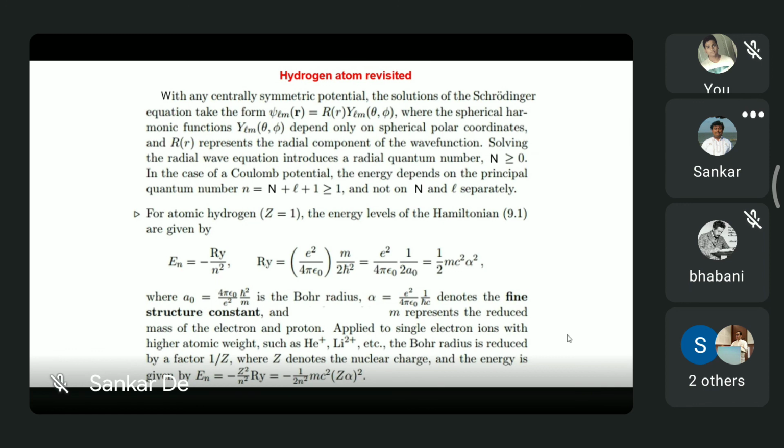So if you get involved in such studies, then you will know the other extreme of atomic physics, or the other extreme of hydrogen-like atoms. This is why the hydrogen-like atom and the hydrogen atom itself are so important to study.